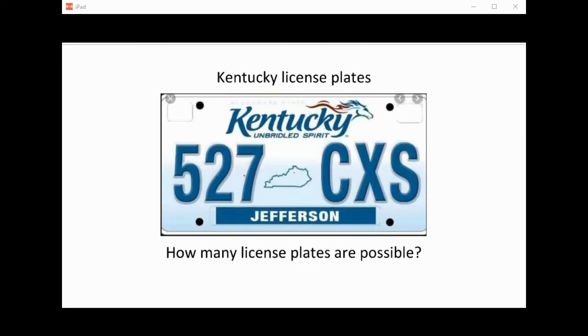Anyway, okay. For example, Kentucky license plates. Once upon a time, they always put numbers on this side and letters on this side. I don't know if you guys have noticed, but they recently flipped it. Now it's the letters over here and the numbers over here. But it's still the same concept.